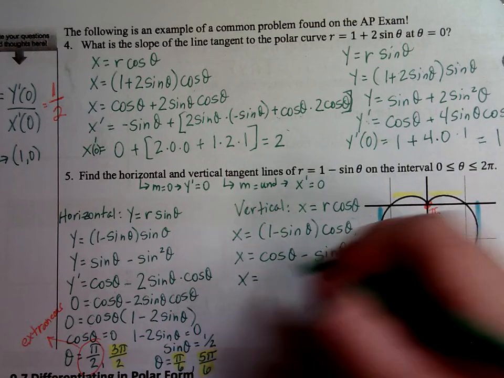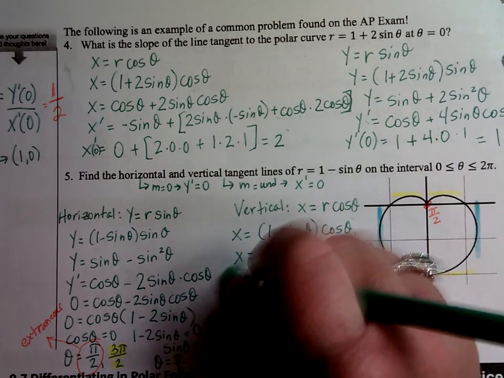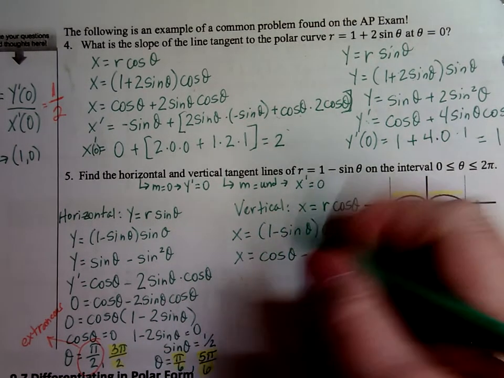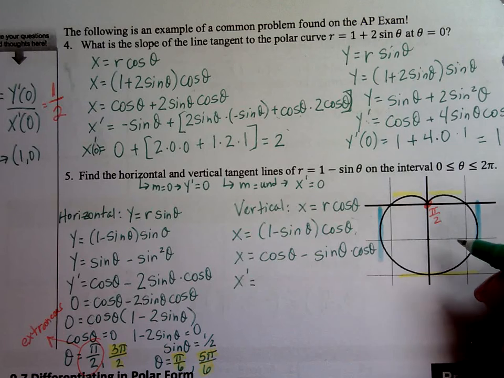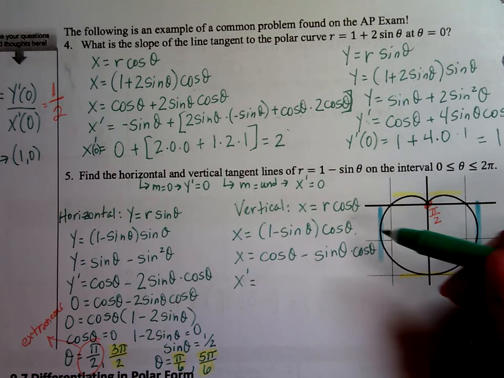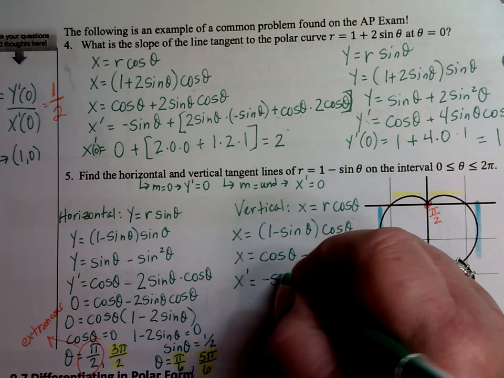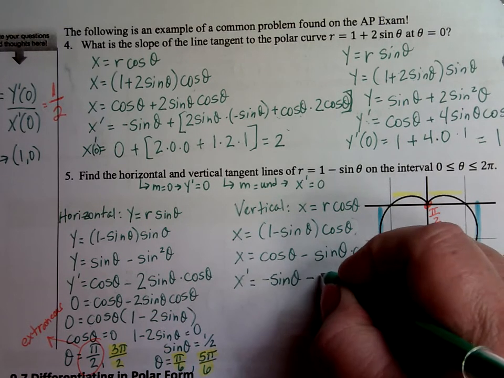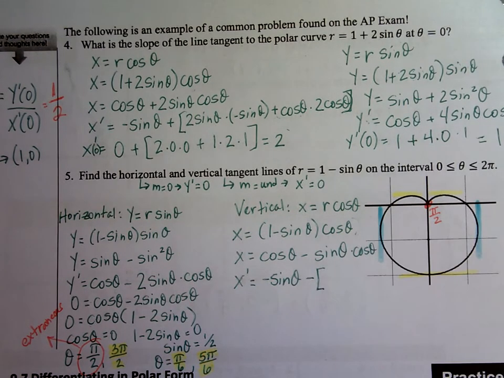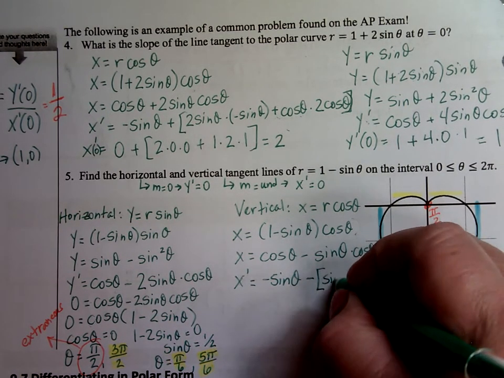Actually, no, let me do the derivative first. So x prime. Ooh, x prime. So if I have that, I have the derivative of cosine is negative sine, minus product rule, first times the derivative of the second.